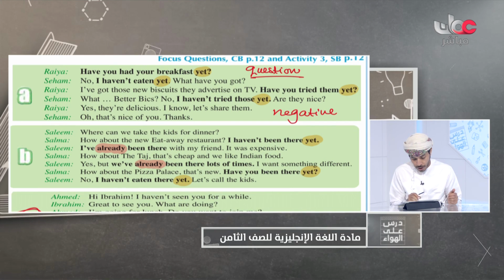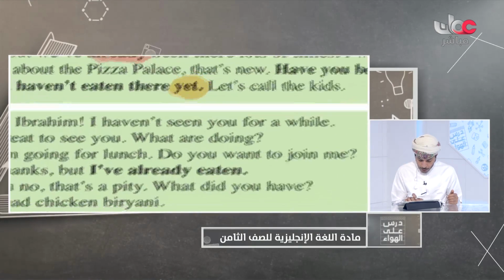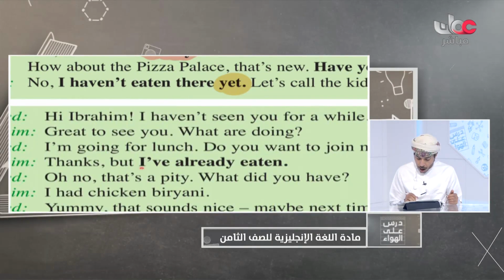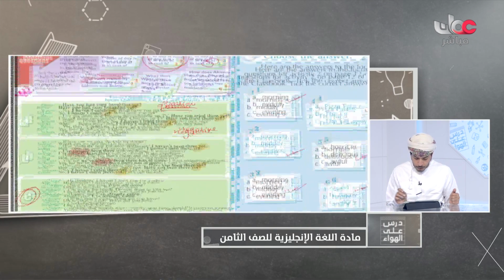Also, we have already been there lots of times. So here we have two examples, and also this example: I have already eaten. Okay, guys? So it comes before the main verb.